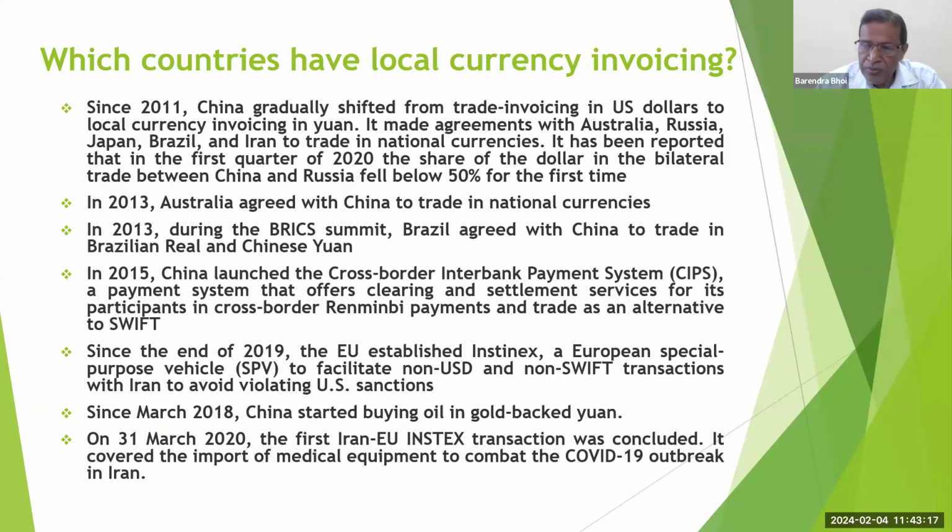There should be a mechanism for settlement of foreign exchange transactions. Society for Worldwide Interbank Financial Telecommunication, so SWIFT related transactions. Now, since the end of 2019, the European Union established Instex for bilateral trade.